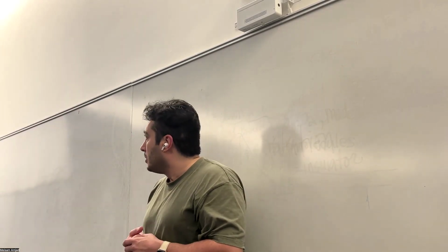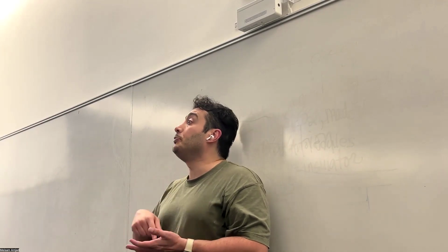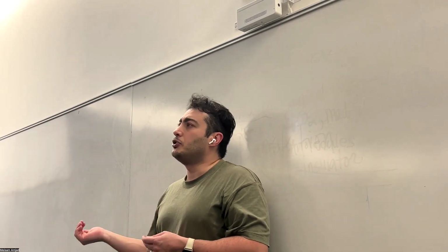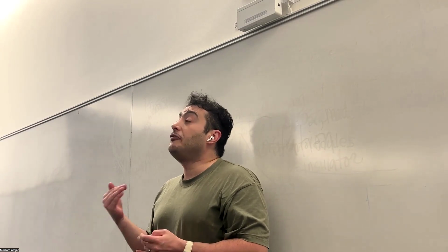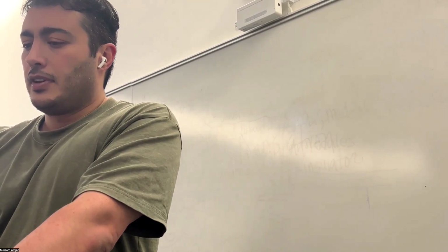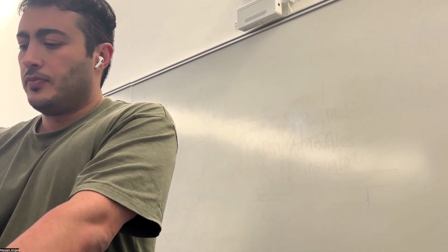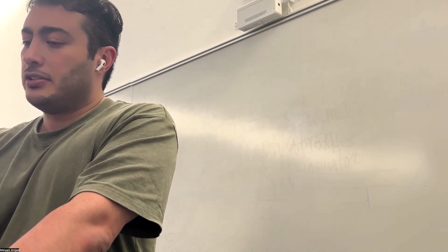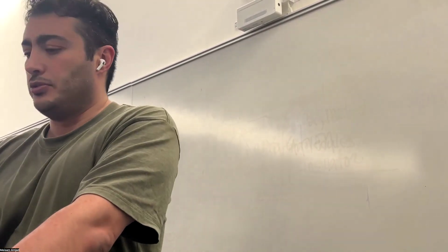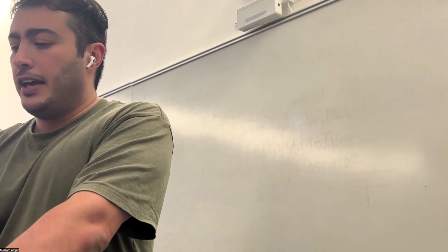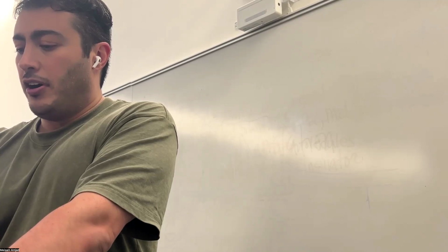Okay, so as you can see, the compareTo method returns a number, and it could be a positive number, it could be a zero, it also could be a negative number. If it's a positive number, it means this object, whatever we are trying to compare to, is greater than the given object.